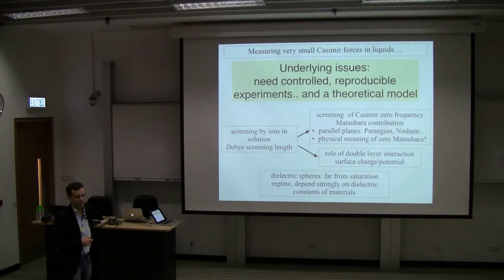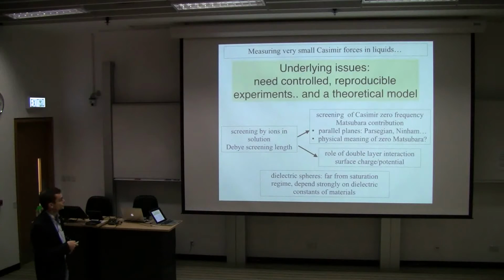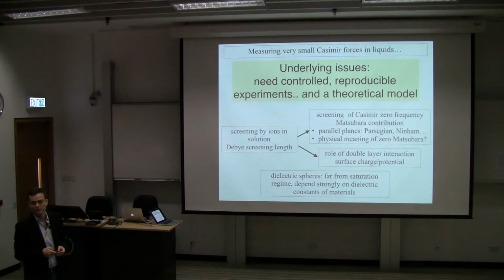For instance, we have a difficulty in having reproducible experiments because these parameters that control the interaction, for instance, depend a lot on the sample preparation. This is something that we have learned over the years, over the 2 years we have been working on this.